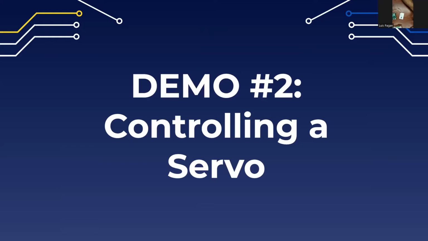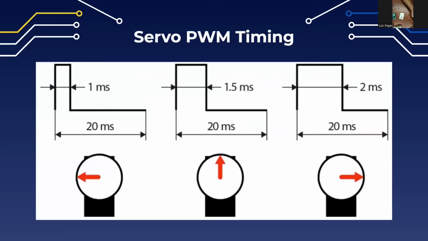So we have controlling a servo. How a servo works is you can change the angle that the servo is positioned at depending on what kind of pulse you send it. In this image here, we have the diagram at a 1 millisecond pulse.